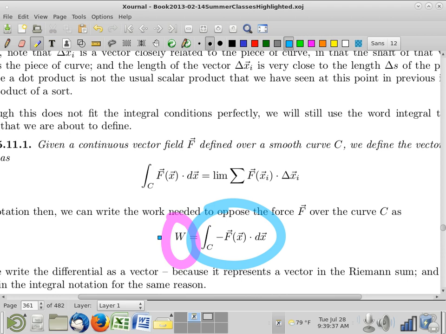Again, this is just Riemann sum talk. We're making definitions. We have not yet talked about how to compute these things. We'll get to that momentarily. But nevertheless, this vector line integral notation represents a Riemann sum, which would allow us to compute that work.